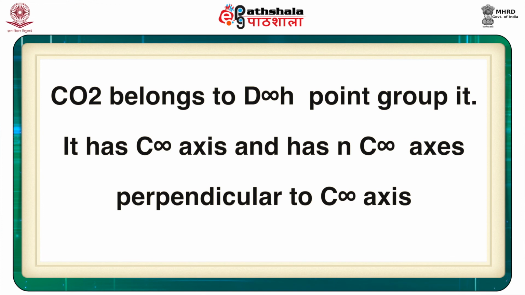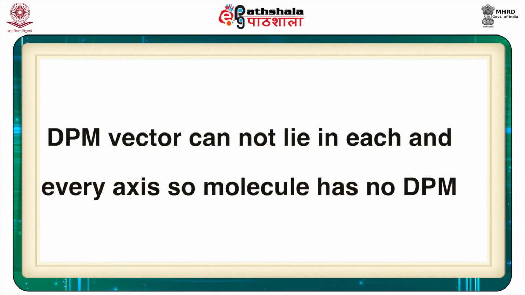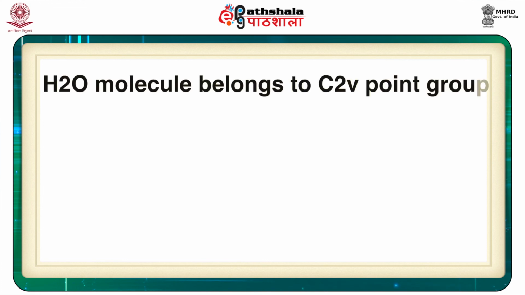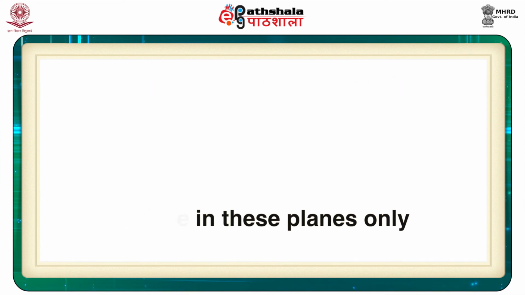It has a C∞ axis and n C2 axes perpendicular to the C∞ axis. The dipole moment vector cannot lie in each and every axis, so the molecule has no dipole moment. Water belongs to the C2v point group, has a C2 axis and two σv. The dipole moment vector will lie along the C2 axis and will lie in this plane.